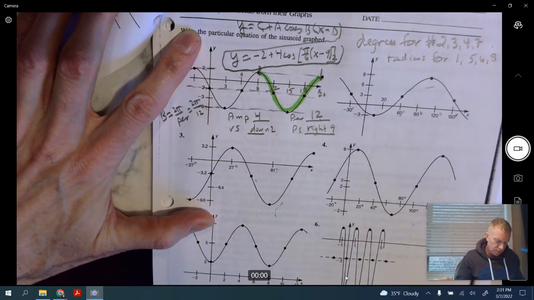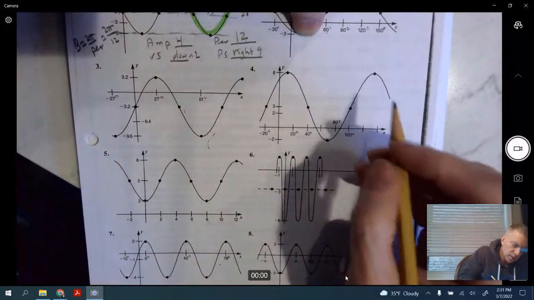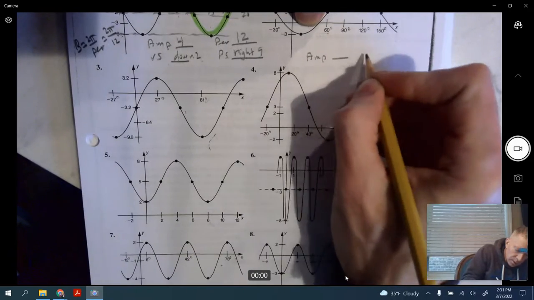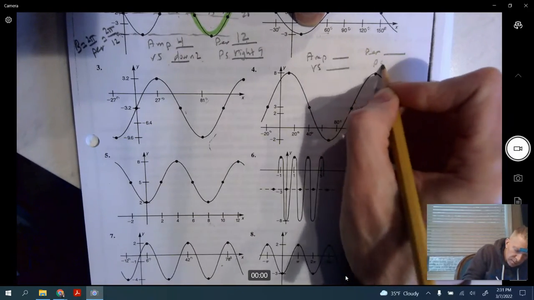And then let's do, maybe we'll do one in degrees. How about, we could do number 8 over here. Okay, so amplitude, period, vertical shift, phase shift.